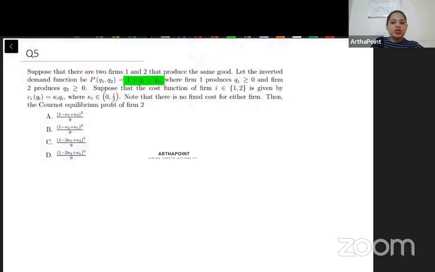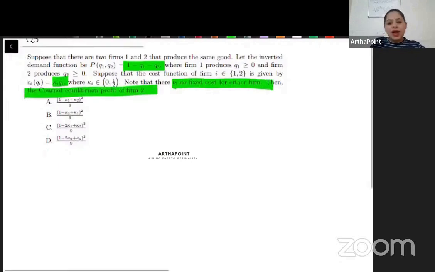Firm 1 produces Q1 greater than or equal to 0 and firm 2 produces Q2 greater than or equal to 0. Same. And then you're given the cost as Ki, Qi, and there is no fixed cost. Then find the Cournot equilibrium.